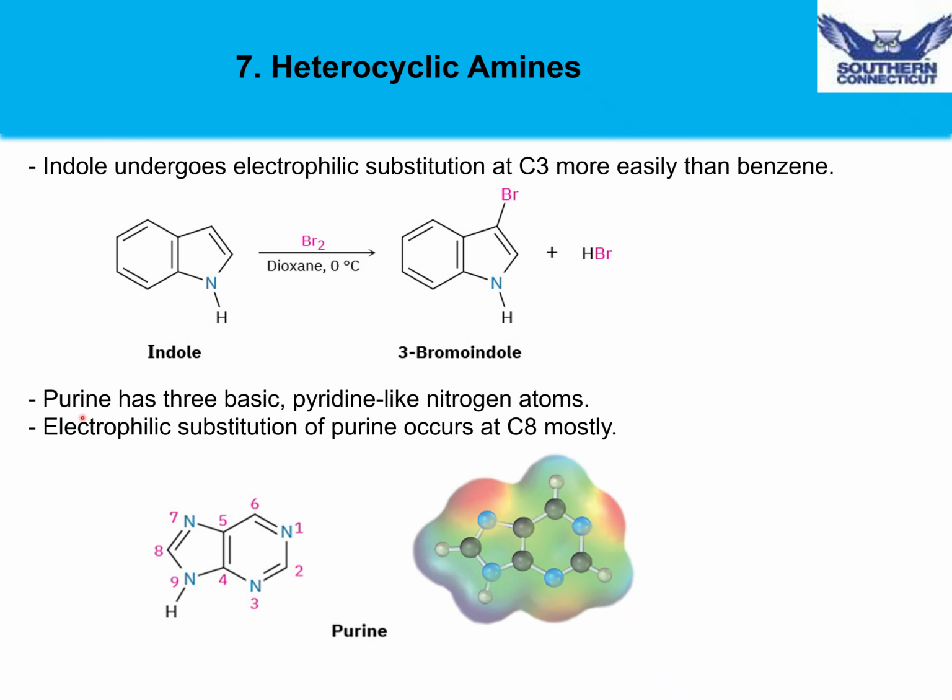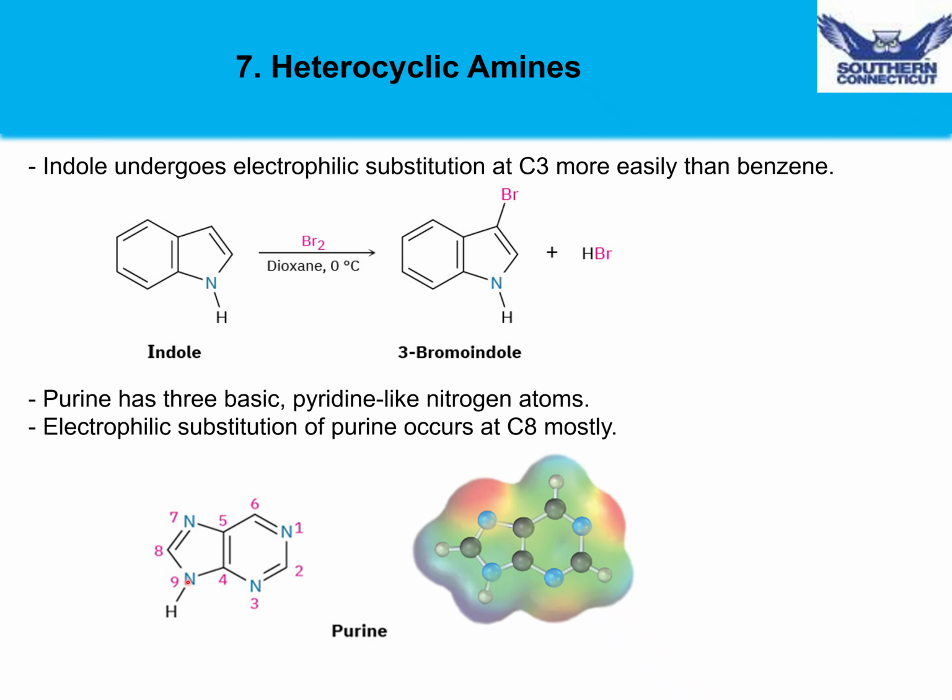Purine has 3 basic pyridine-like nitrogens. Those would be the nitrogens at position 7, 1, and 3. These nitrogens can react with acid pretty freely. However, the nitrogen at position 9 is more like the nitrogen in indole and pyrrole, which is required to complete the aromaticity of the ring, in this case for indole, as well as for purine.